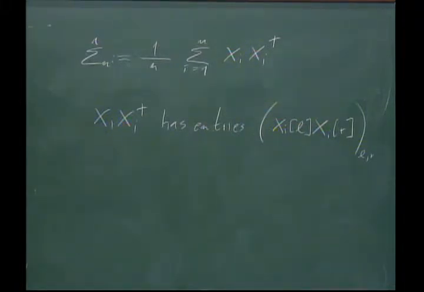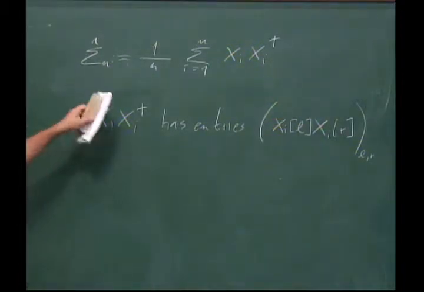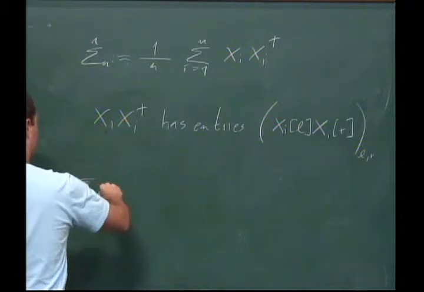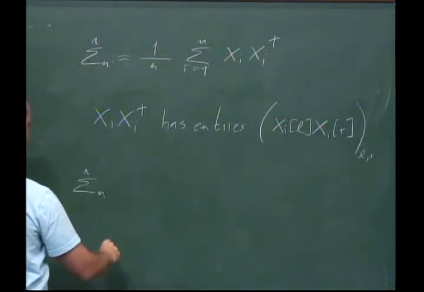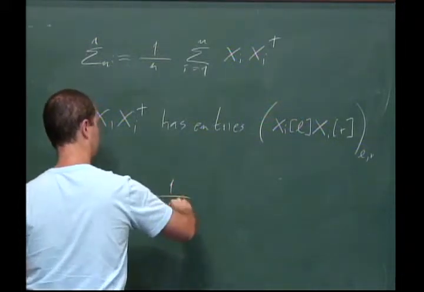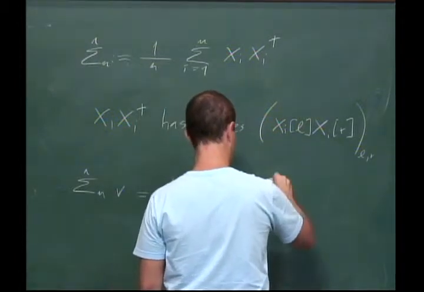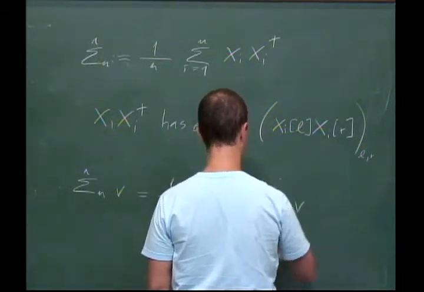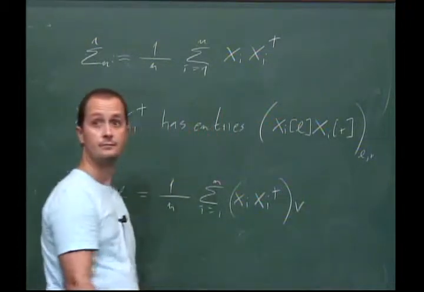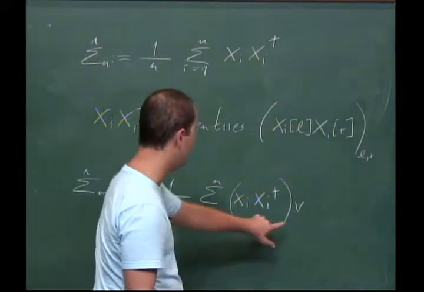Another way to put it is to look at what this matrix does to vectors. So if you have sigma hat n acting on a vector v, this is going to be 1 over n, sum from i equals 1 to n, of x_i x_i transpose times v. Now matrix product is associative, so we can move these parentheses here.